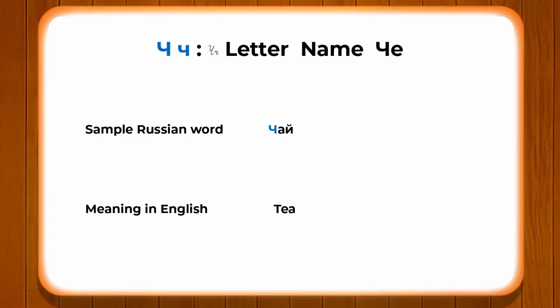So it is very interesting that chai is also being used in Russian as chai. But I would like to tell you that in Russian, when you ask anybody about tea or chai, you can have black tea or tea with milk. Normally we say tea without milk is black tea, and tea with milk is chai s molokom.